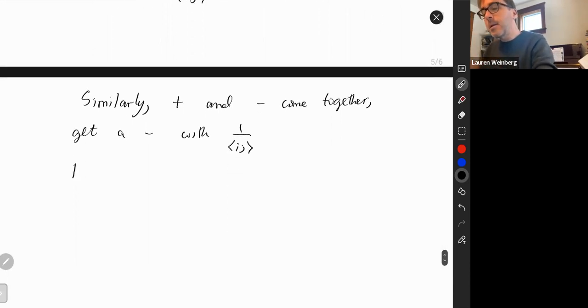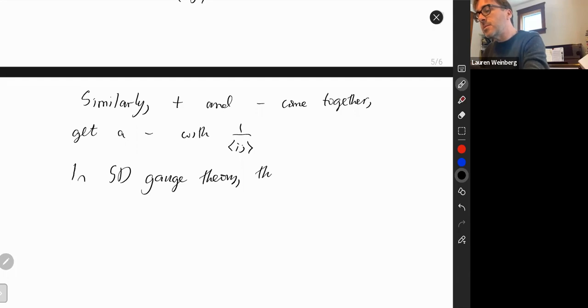And in self-dual gauge theory, this is all there is. In full gauge theory, you also find terms with poles in the square brackets, but we don't want those because we want to have a chiral algebra.